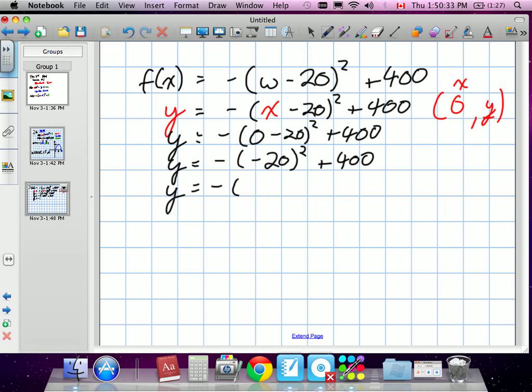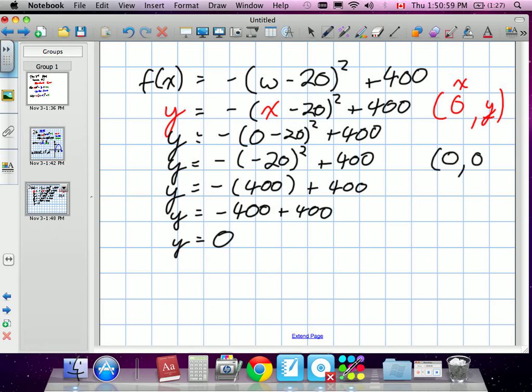There's a negative sign in front of this, so when we distribute it, what's going to happen? We get negative 400 plus 400. So it turns out that our y-intercept is (0, 0). In other words, the origin.